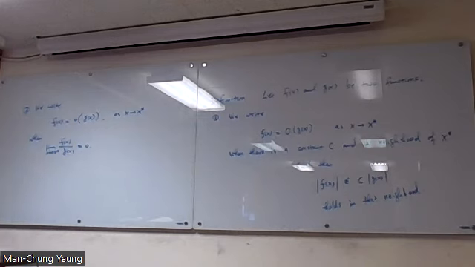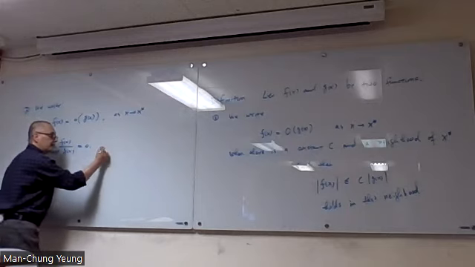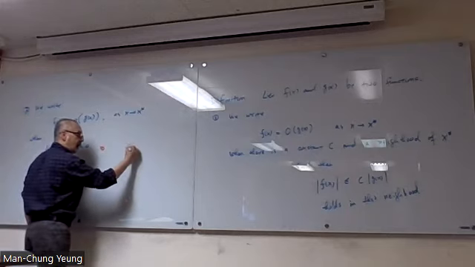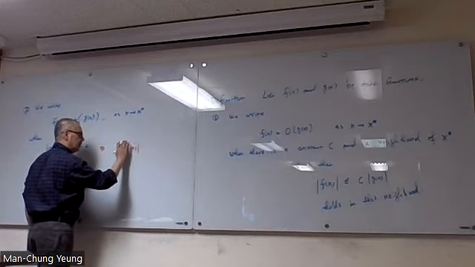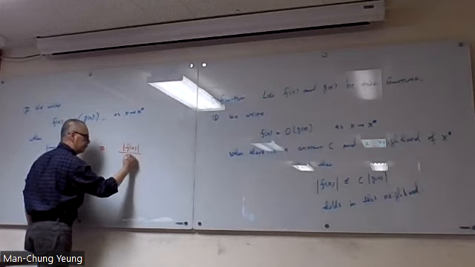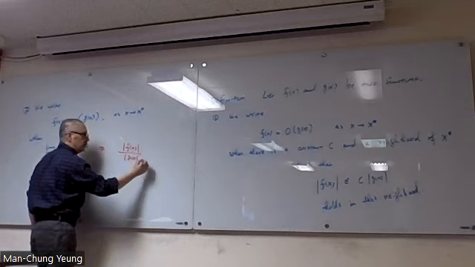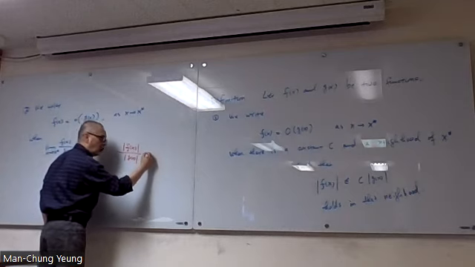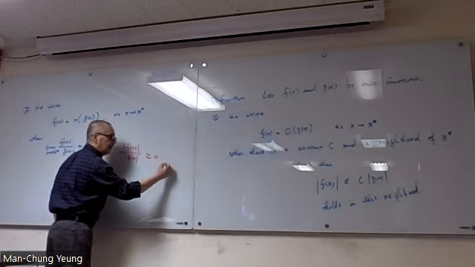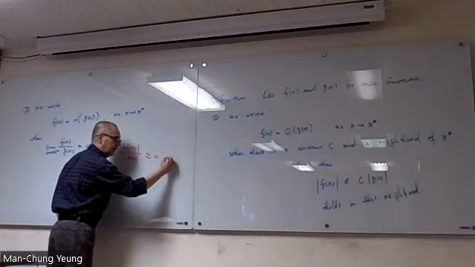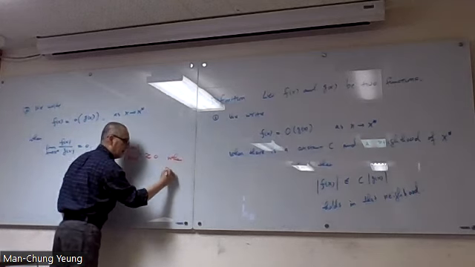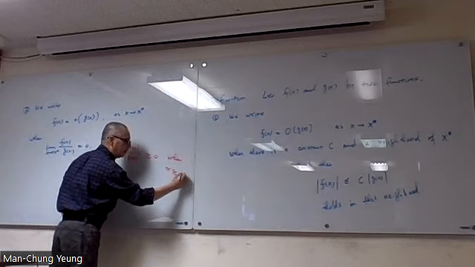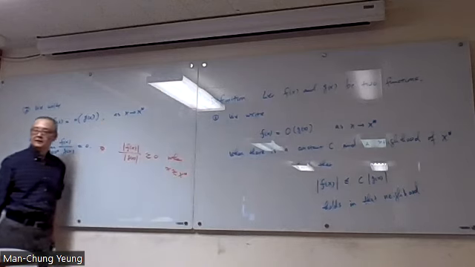When this limit holds, the absolute value of f is close to 0 relative to g when x is near the point x star.